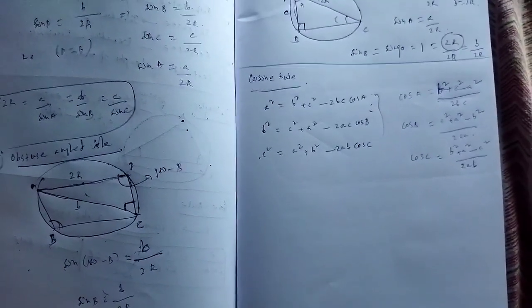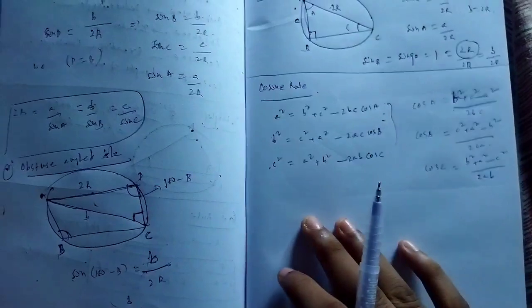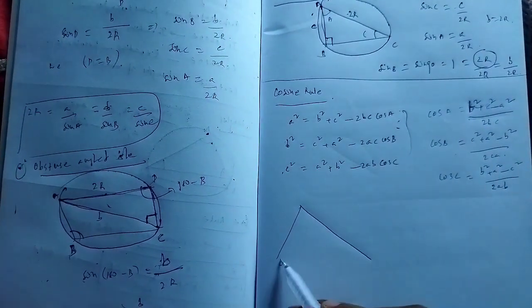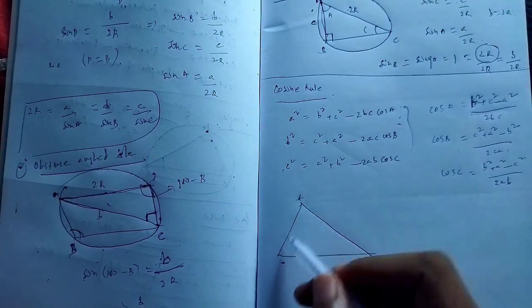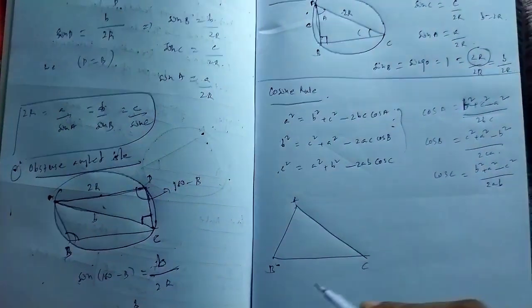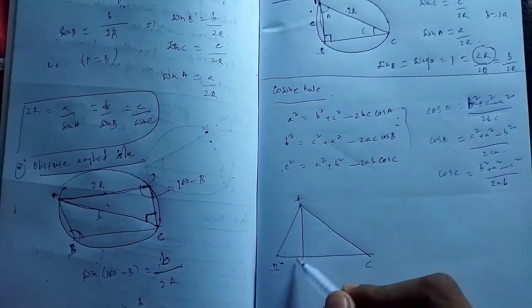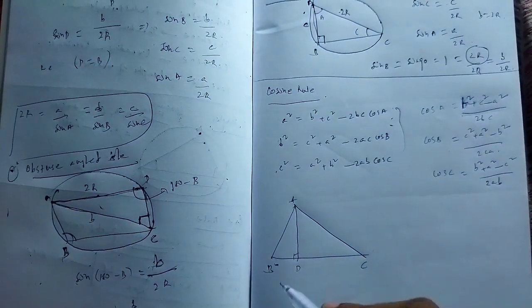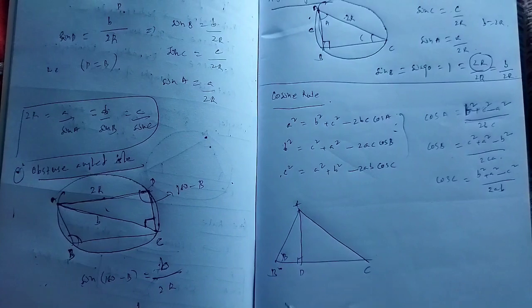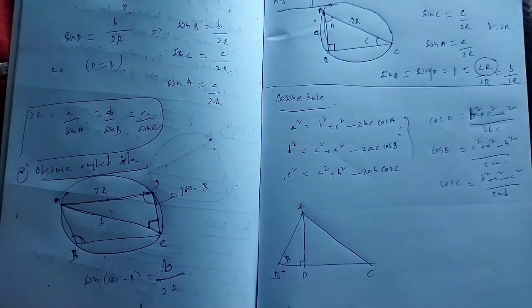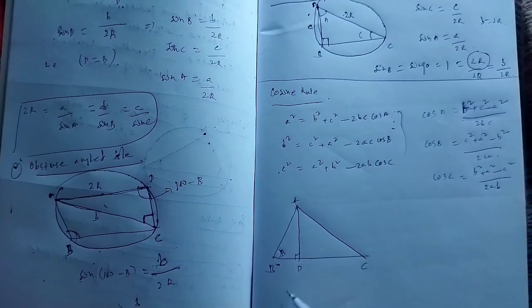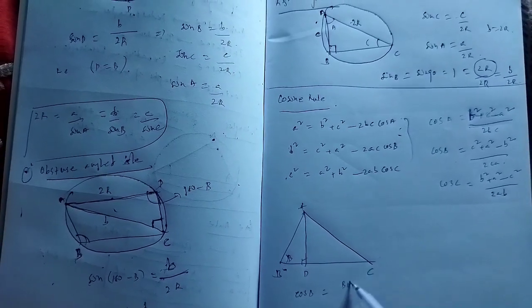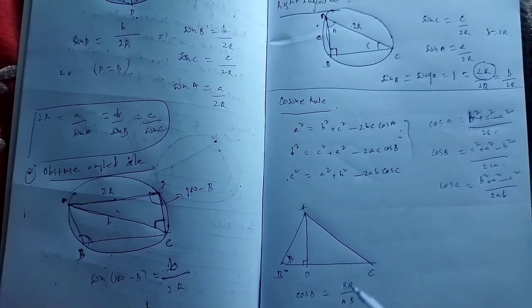So let's see the proof in case of an acute angle triangle. Let's draw an altitude, let it be D, as this is B. In triangle ADB, finding cos B, which is BD by AB.